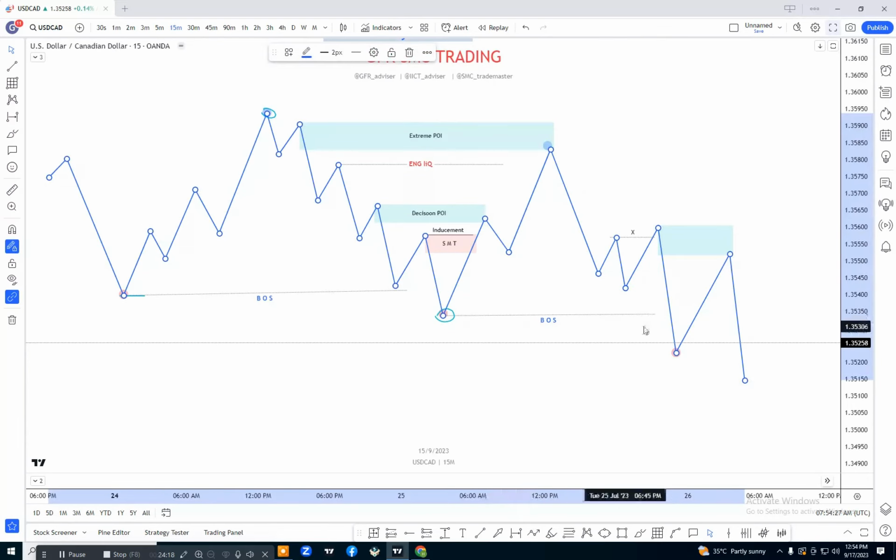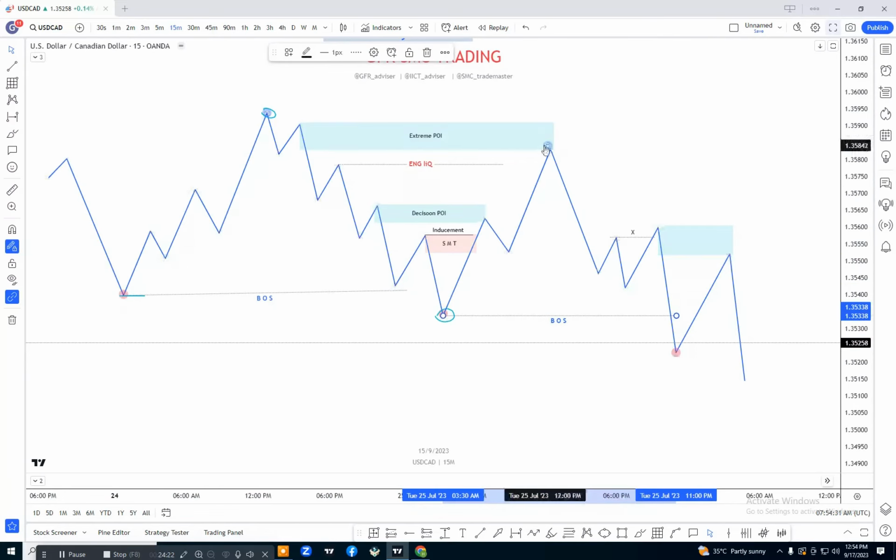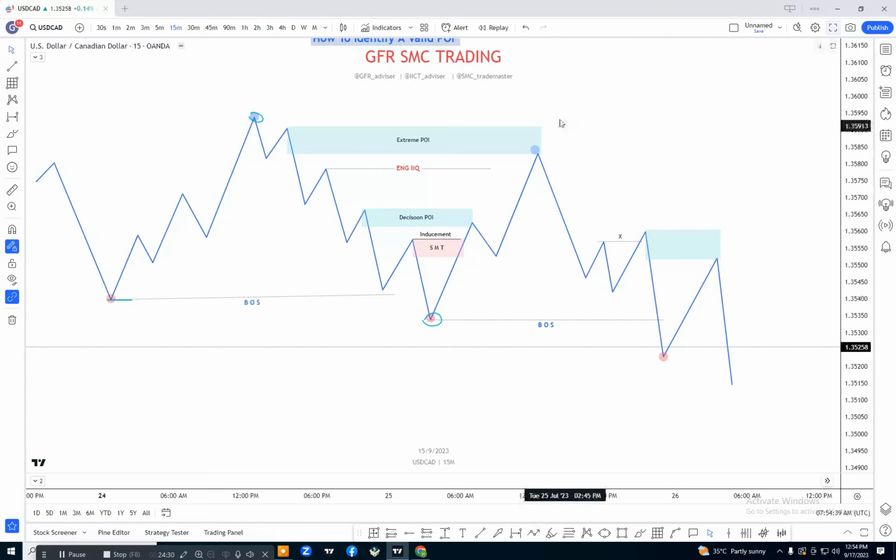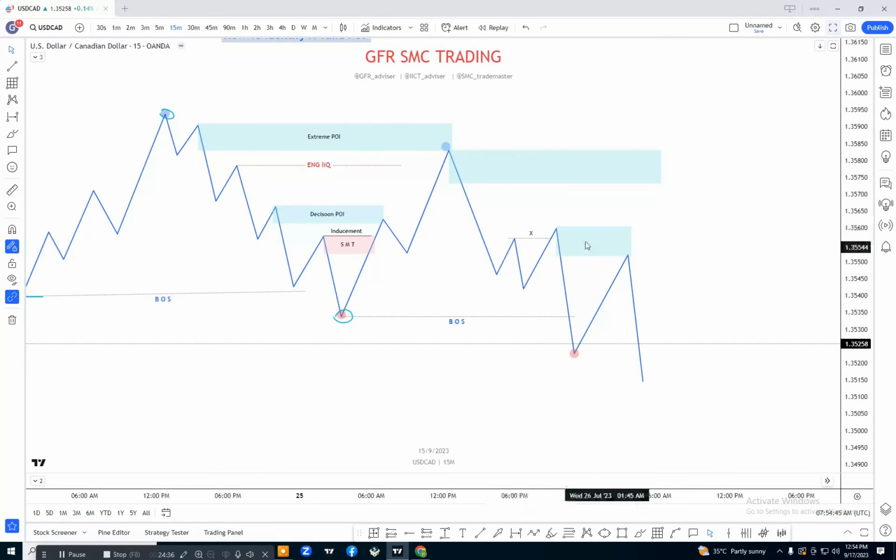Now if we see here, we have another breakout of structure and we have this lower high, and this is the lower low. Now how will the market react? This is our extreme order block here and this is our decisional order block. Why does the decisional order block work here?